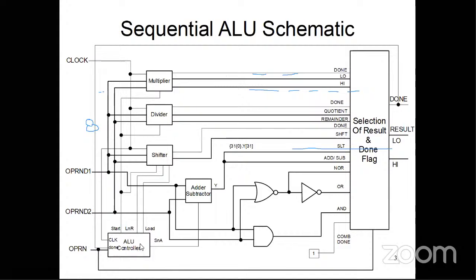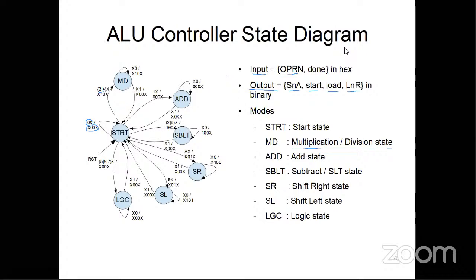So it doesn't have a specific load control signal for that multiplier or divider. So that's the assumption here. That's why we are seeing start as 1, load at 0, and we don't care about whether it's a shift right, shift left, addition, or subtraction, because these are not that operation.